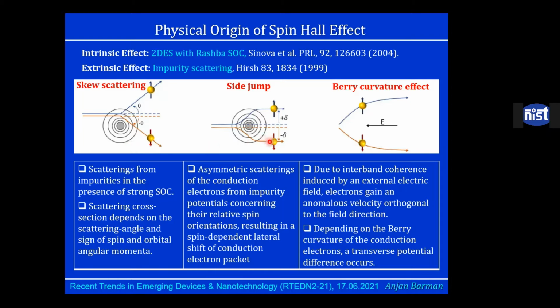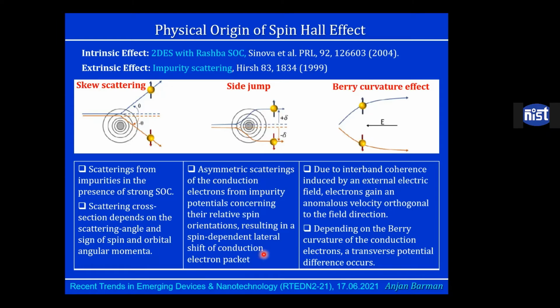Whereas in side jump, there is a drift in two different directions. It is an asymmetric scattering from the impurity potential concerning the relative spin orientation, and it results in a spin-dependent lateral shift of the conduction electron packet.